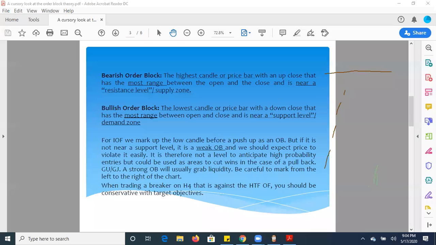The bearish order block, by this definition, and by extension the way we look at order block in the institutional order flow, is the highest candle or price bar. This is not taking into consideration the color of the candle, whether it is bullish or bearish.